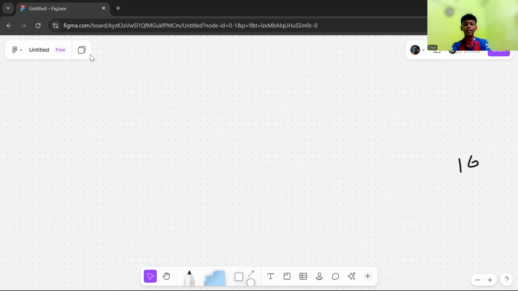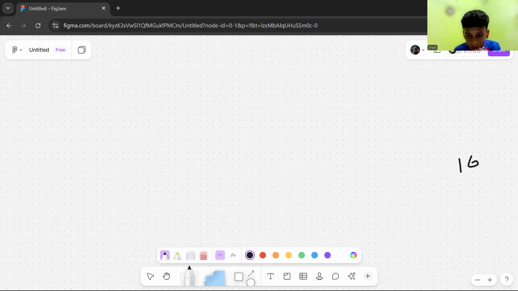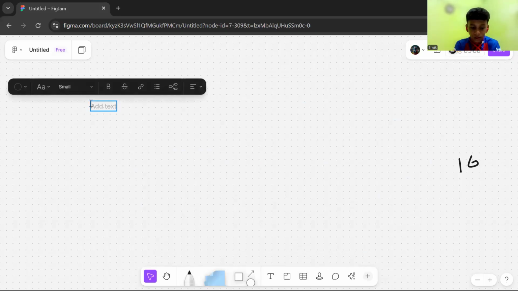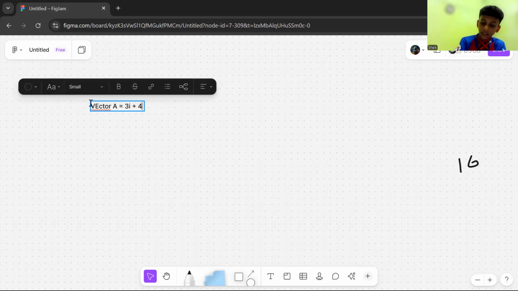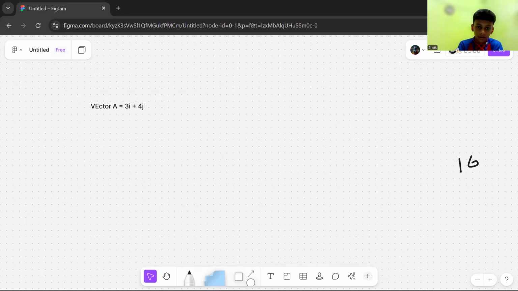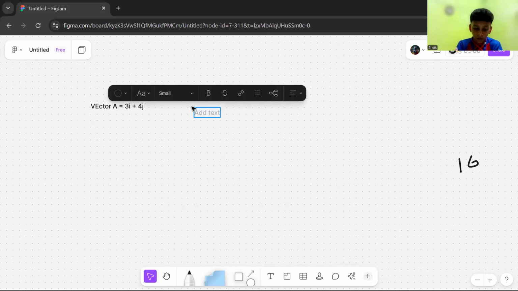Now let's see it for two vectors, vector A and B. Vector A is equal to 3i plus 4j and vector B is equal to 5i plus 6j.